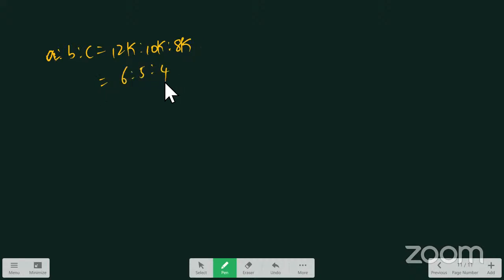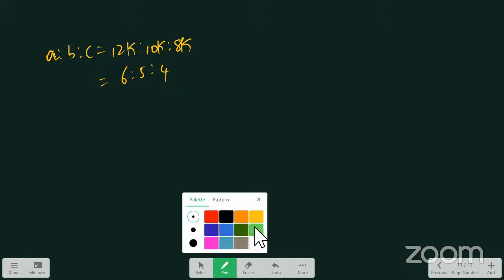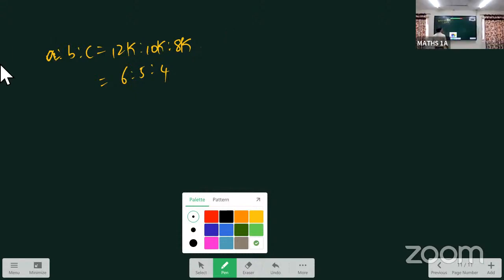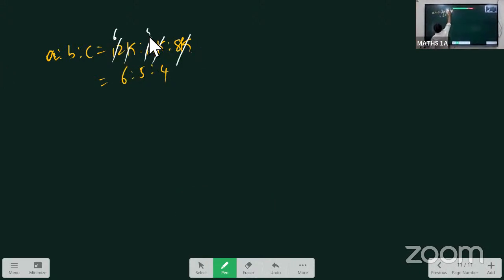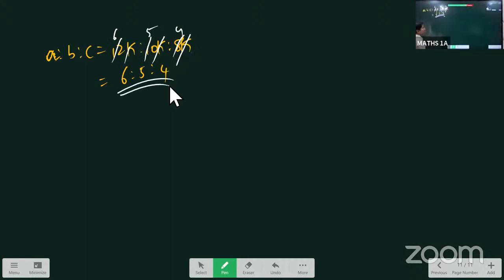See, k gets cancelled. 2 sixes are 12, 2 fives are 10, 2 fours are 8. That is the answer.